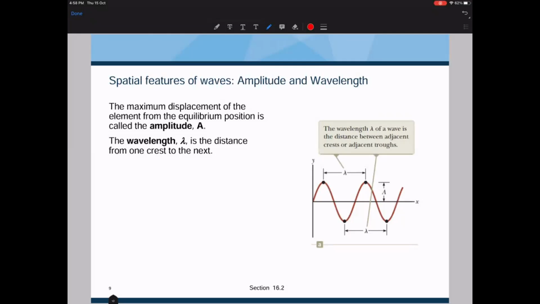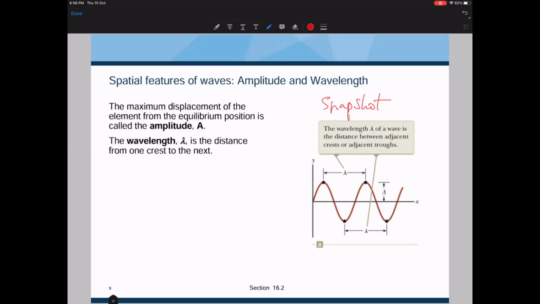See here what we have. It is a graph of x and y. It means it is what we call a snapshot. What is a snapshot? You take a picture all of a sudden, and it is called a snapshot.